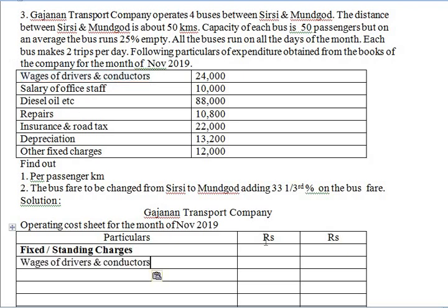First, wages of drivers and conductors. Write this in the inner column, that is 24,000. Next, salary of office staff. This is also fixed. Amount is 10,000, inner column.